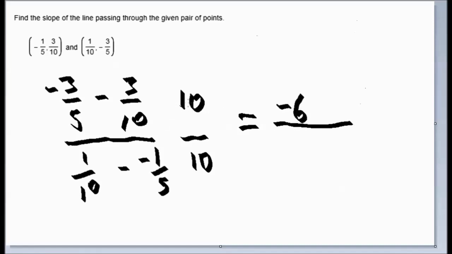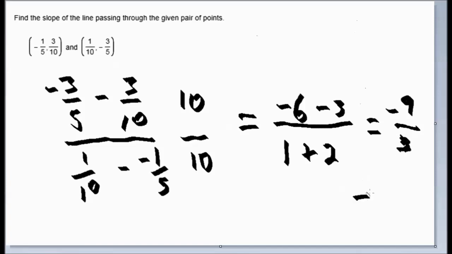And then here the 10s cancel, minus 3. And on the bottom the 10s cancel, that's going to be 1. Negative minus a negative is positive, and 10 divided by 5 is 2. So at the moment we're looking at negative 9 divided by 3. That's a 3. So we end up with just negative 3. So there's your answer right there of negative 3.